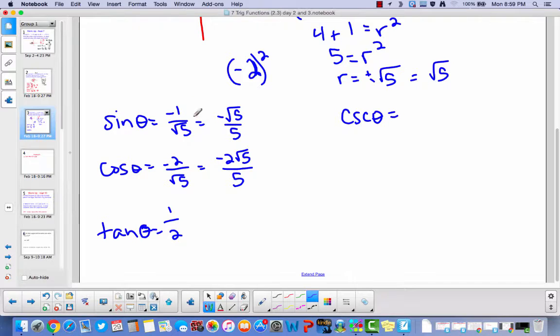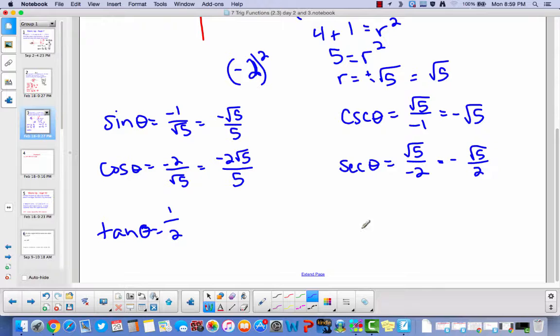Again, it's always easier to do it before we rationalize to take the reciprocal. So that's the square root of 5 over -1, which is the negative square root of 5. Secant of theta is the reciprocal of cosine. So we're going to take the square root of 5 over -2, which is negative square roots of 5 over 2. And cotangent is the reciprocal of tangent, 2 over 1, which is 2.